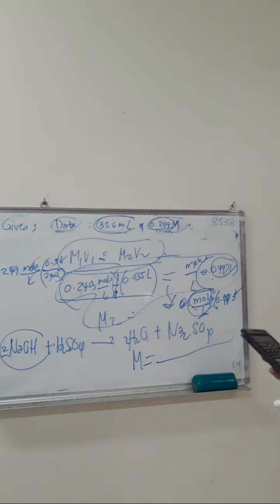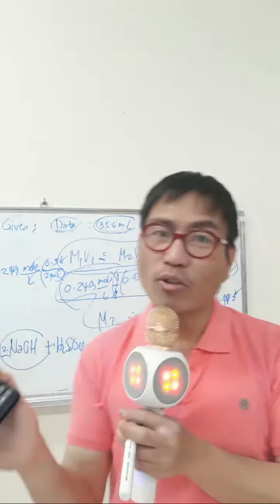So 0.249 times 0.0356 is equal to this. And then, because it is a liter, you have to put that in the denominator to solve for the moles per liter.